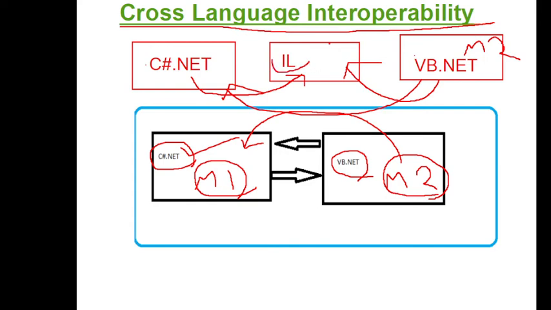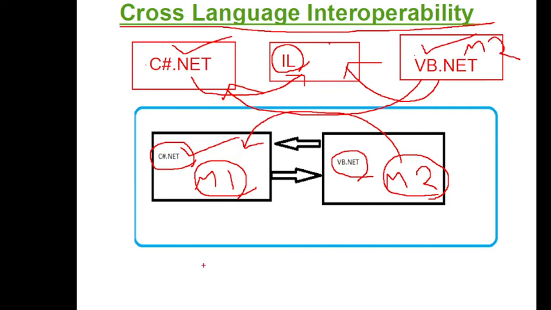Now you notice the intermediate language syntax is the same for C#.NET and VB.NET. If it is the same for both languages, then C# can easily consume method 2 of VB.NET. That's the reason it's able to consume the VB.NET method in the C#.NET application.